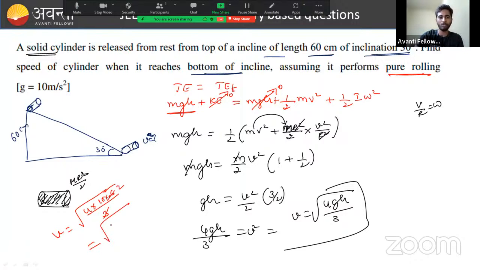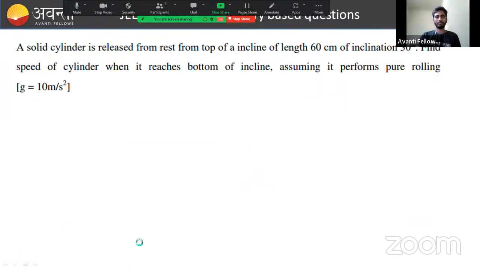Hence it will be equal to root 8. Root 8 we can write as 2 root 2 meter per second. Is it clear? Guys, is it clear for everyone? Okay, we'll go to the next question.